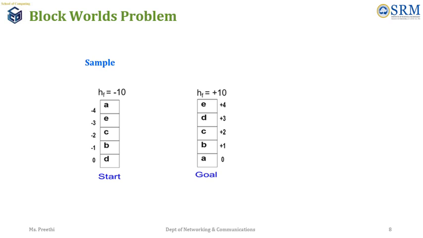So if the values are 0, 1, 2, what is the heuristic value for the initial state? That is -10. What is the heuristic value for the goal state? That is +10 here. So you should arrange the characters in this order.